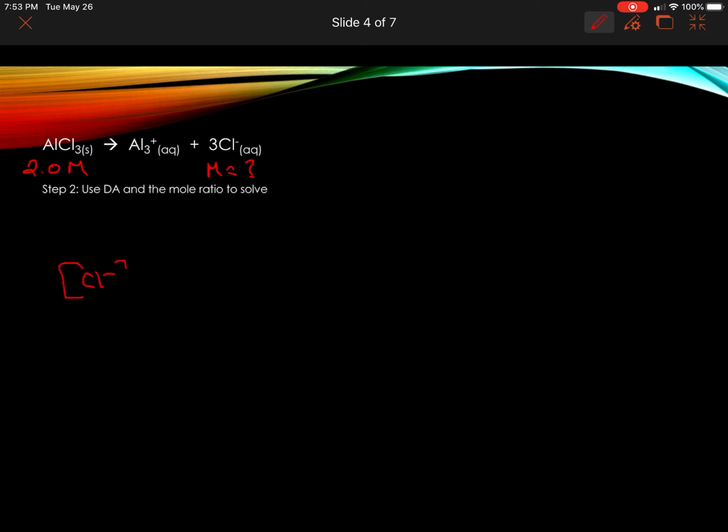So the concentration of Cl minus. DA, as always, you're going to write down what you know. I know that we've got 2.0. Now, molarity, the unit for that is moles per liter, right? So I'm going to specifically write it like this so that you can see units cancel.